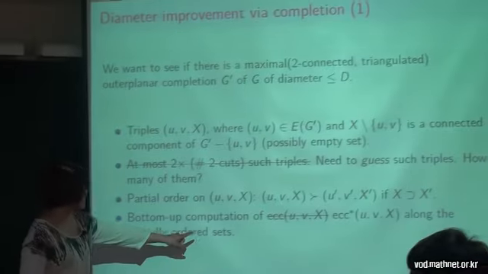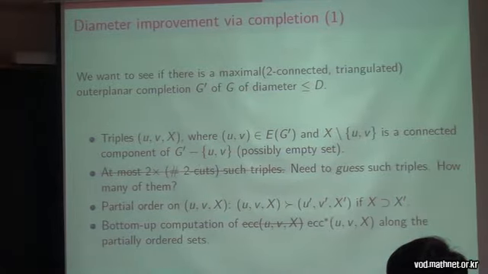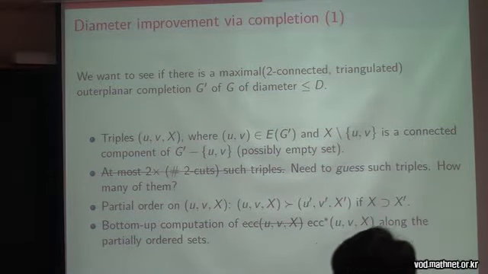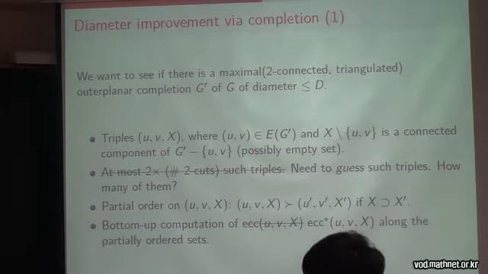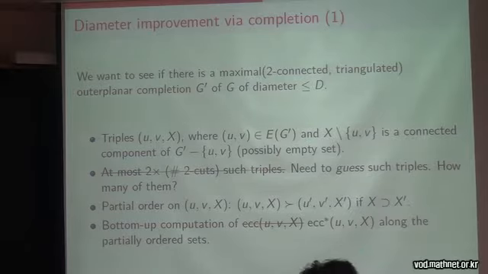Well, the problem is that we could compute ECC because we had a fixed graph, but now we want to consider all possible fill-ins, like completions of the graph. Each completion can yield a different ECC table.